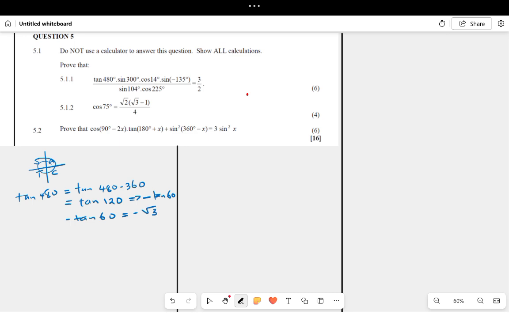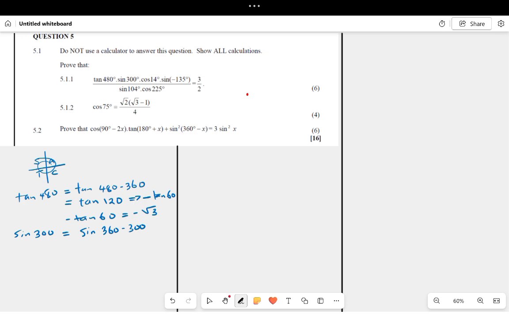All right, now the next angle that we need to look at is sine 300. Now 300 is found in the fourth quadrant, whereby only cosines are positive. Therefore, in the fourth quadrant, it's going to be compared to sine of 360 minus 300.